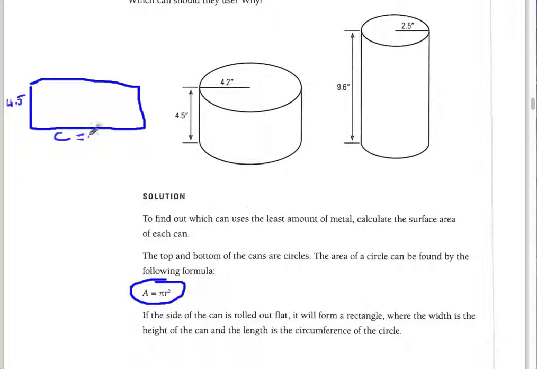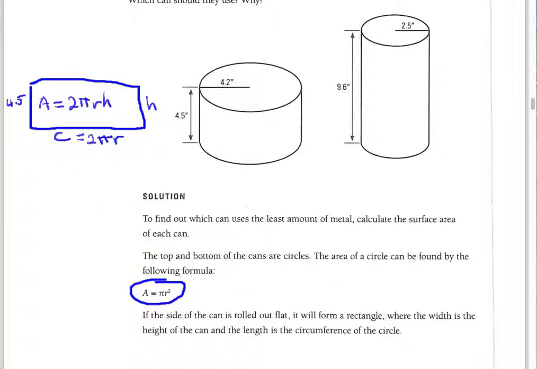Circumference is 2 pi r. And of course this is what we call the height of the can. So the area of this rectangle would equal 2 pi r times the height. And to that we add, for the whole cylinder, pi r squared times 2, because of the top and the bottom.